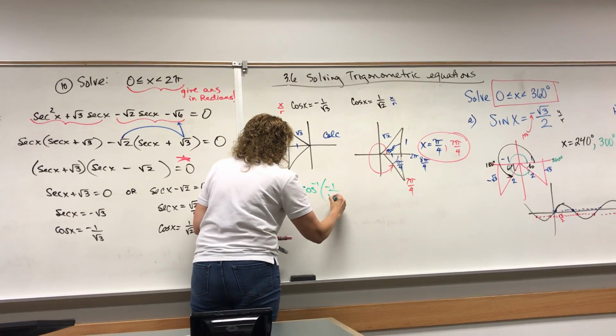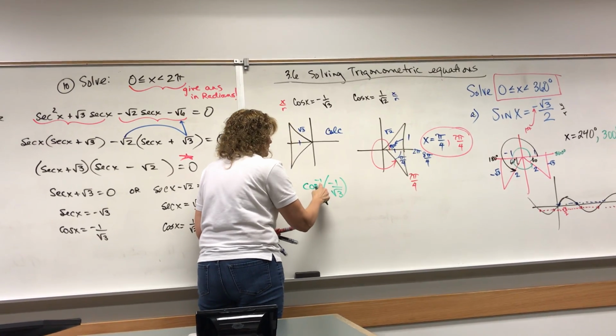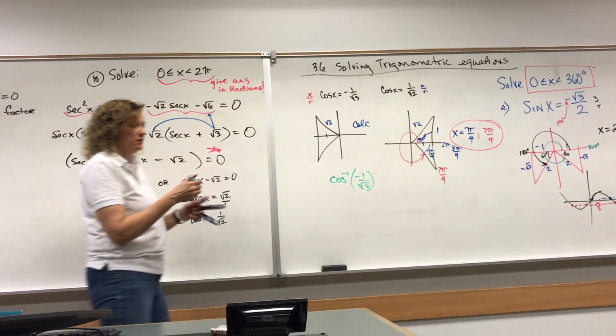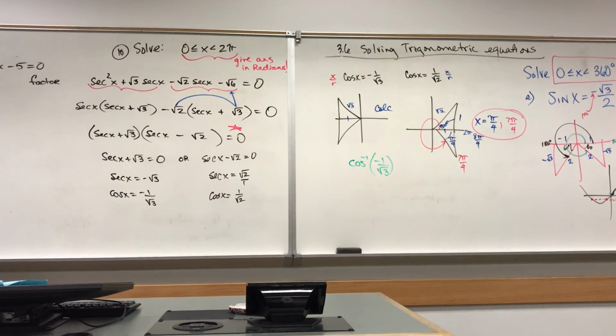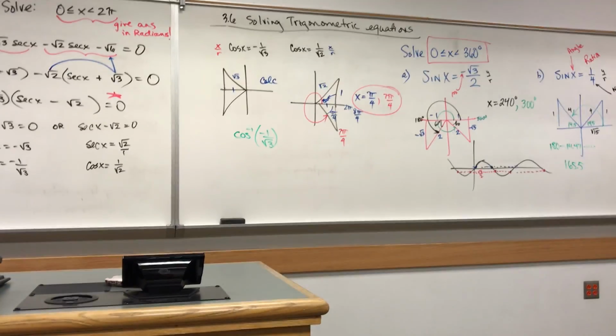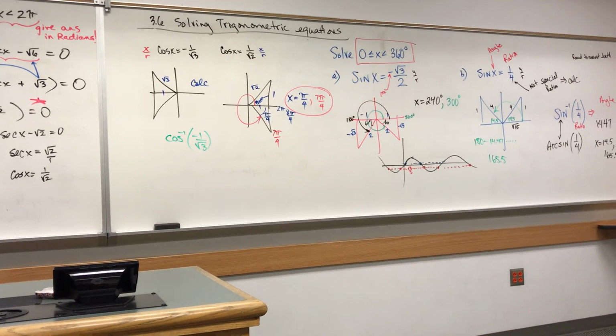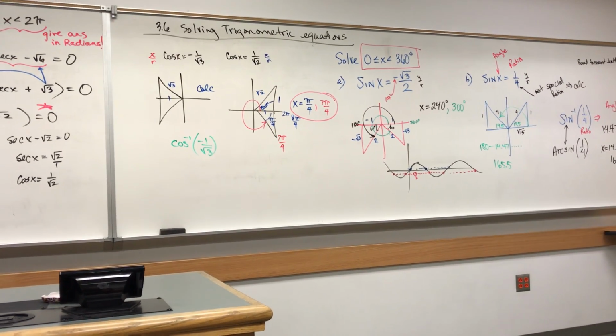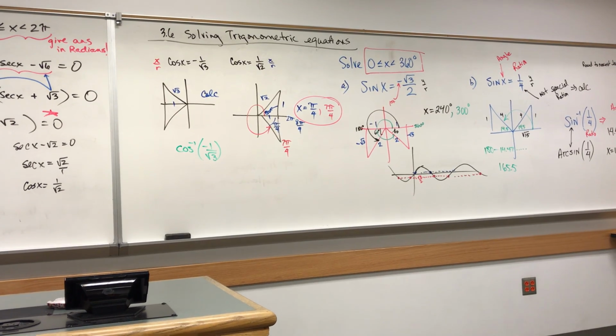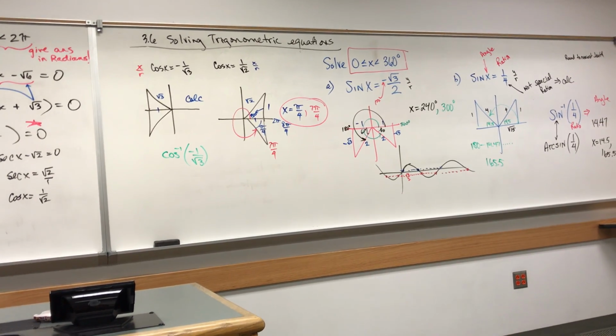Don't try to make this a negative exponent and flip that fraction over or something like that. That'd be crazy. Make sure you use your minus key, not your subtraction sign. 1 divided by the square root of 3.